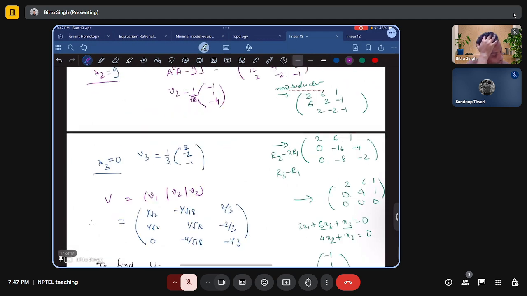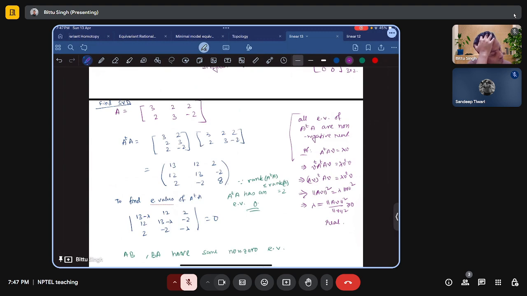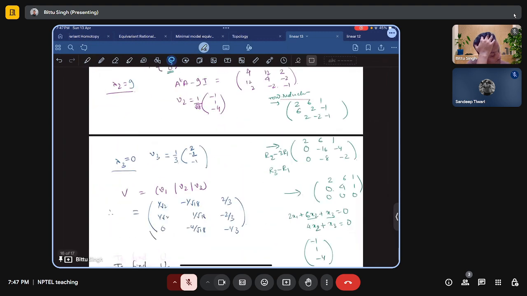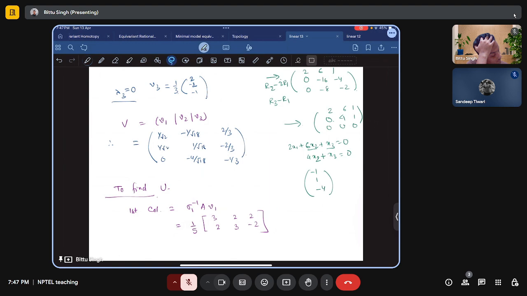What was A? Initially A was this matrix. A times V1, where V1 is 1 by root 2, 1 by root 2, 0.